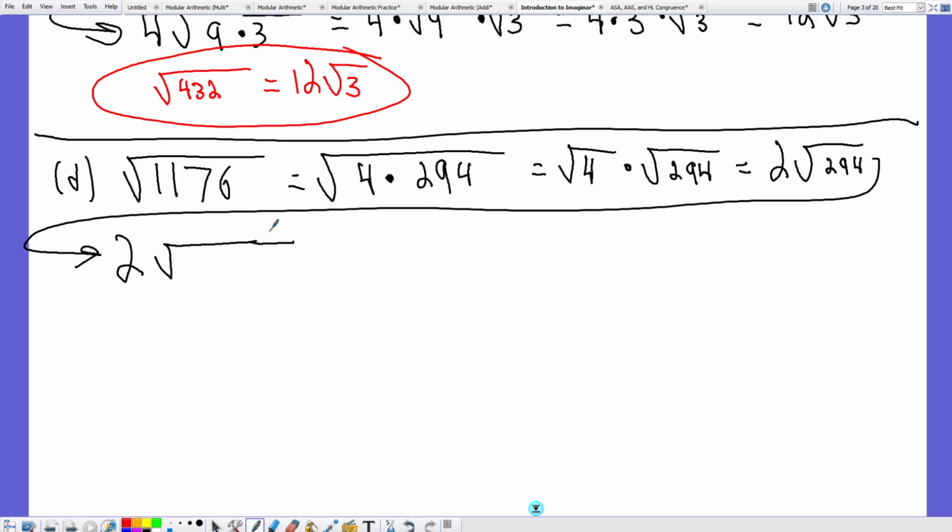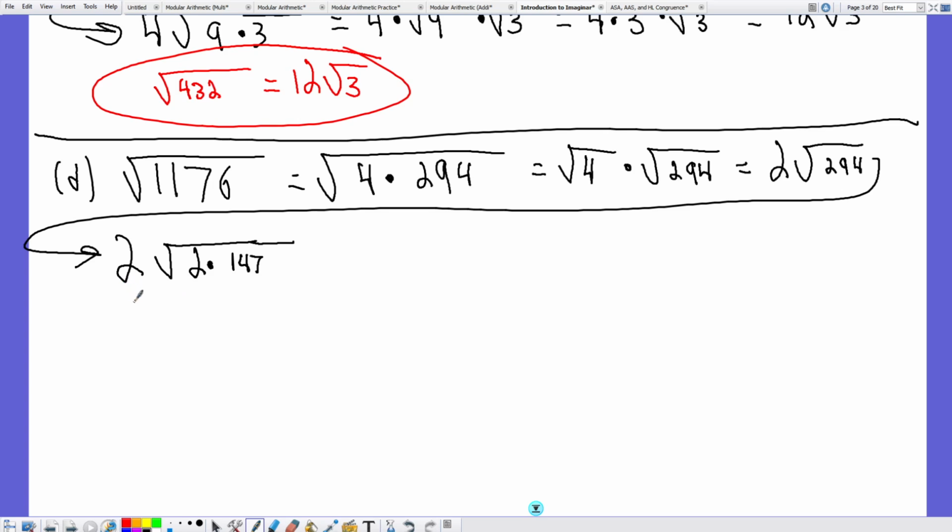Now, if we divide by 4, it ends up not being divisible with 4. So, we know it's an even number, so we can make it divisible with 2. So if we do that, we get 2 times 147. Sometimes even I need a calculator.